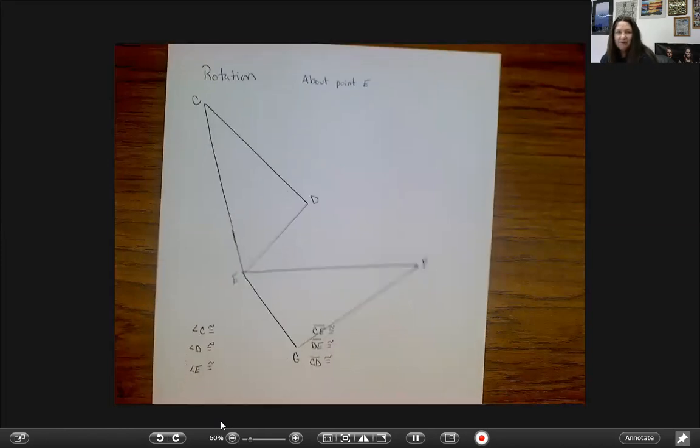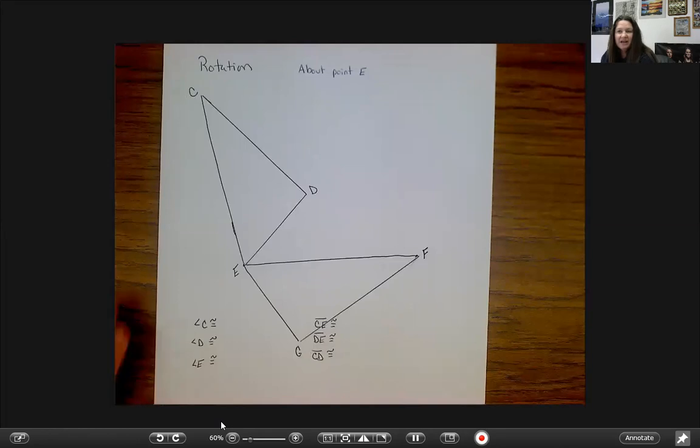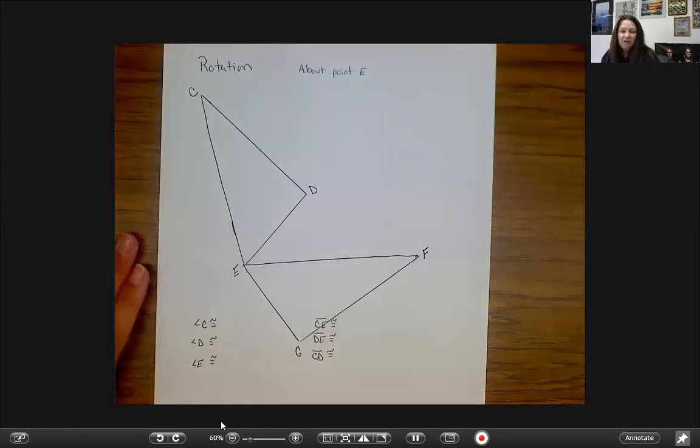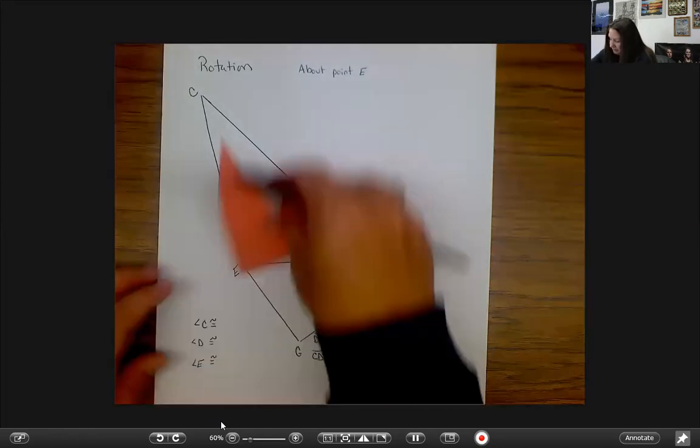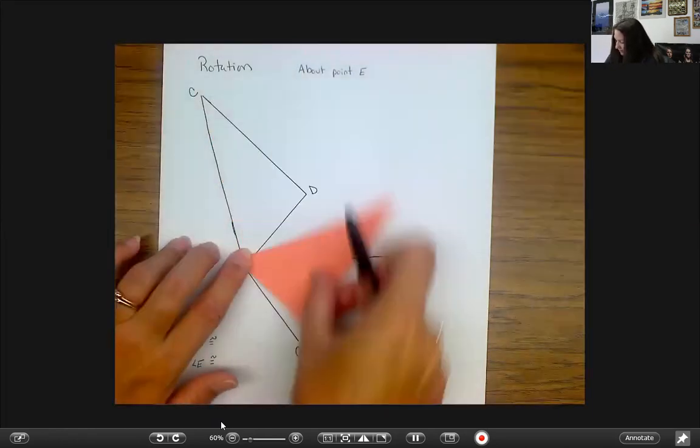Now, before I put the other set of the notes up here, just look at what corresponds with each other. C actually moved to which angle?